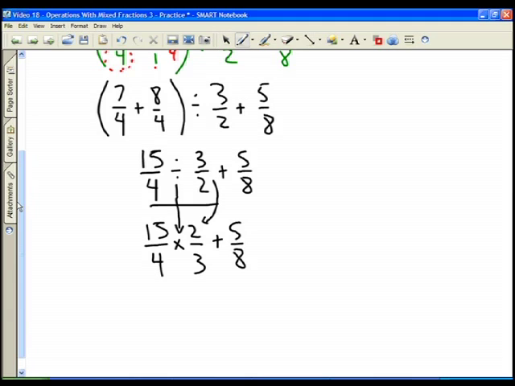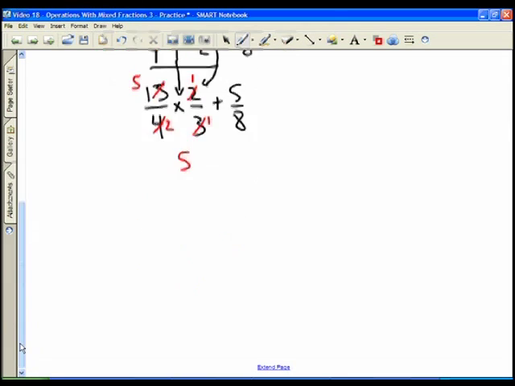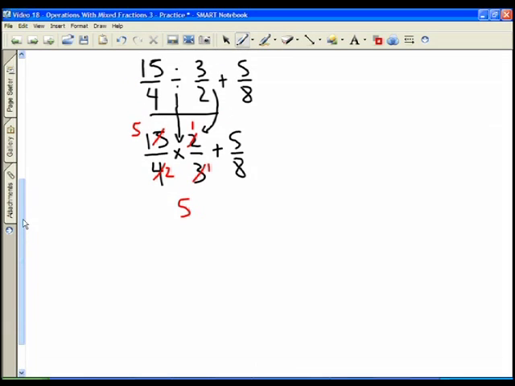And it makes sense to do some reducing here. 2 goes into 2 once, 2 goes into 4 twice, 3 goes into 3 once, and 3 goes into 15, rather, 5 times. So here we get 5 times 1, which is 5, and 2 times 1 in the denominator, which is 2. So we get 5/2 plus 5/8.